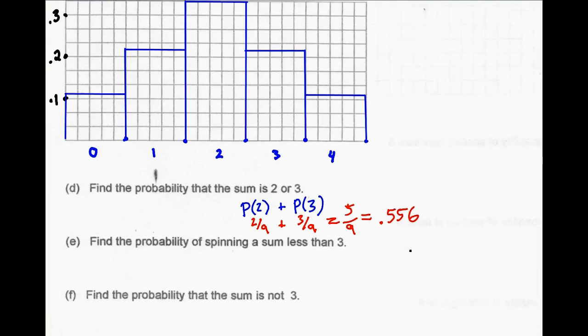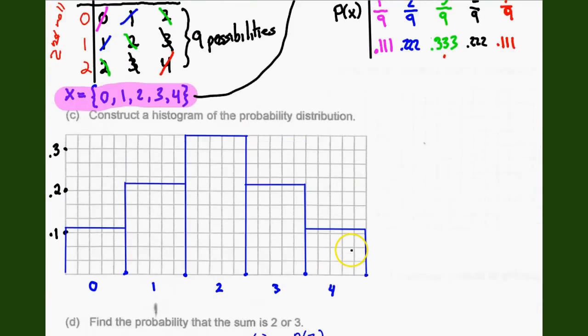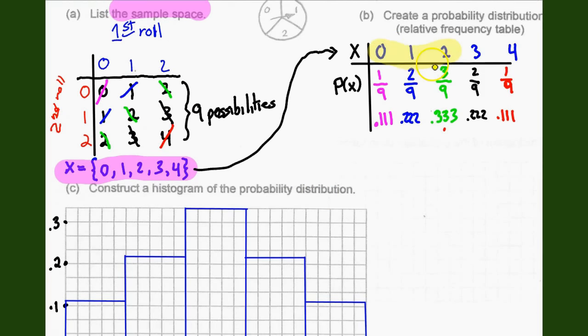There we go. Find the probability of spinning a sum less than 3. So you can write it out this way. Probability less than 3 equals, and it helps to look at this. Look at what numbers are less than 3 in your sample space. 0, 1, and 2.